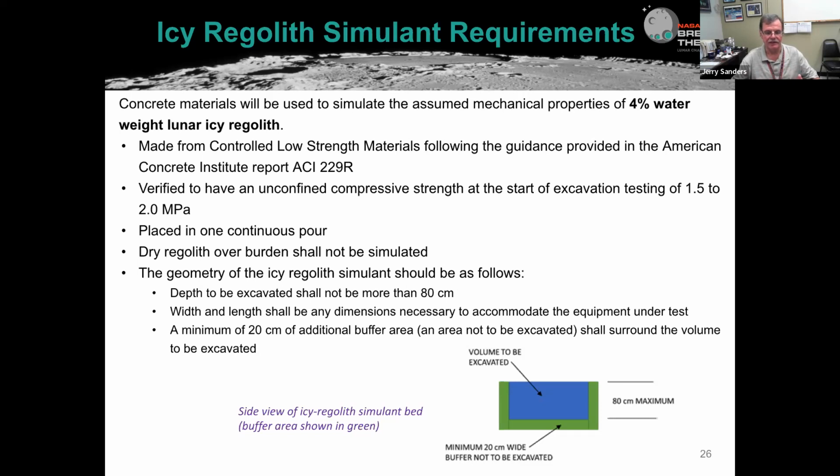And the mining technique that goes along with it can be a function of whatever we find. What this challenge does is look at the worst case. If we have highly consolidated water ice in regolith, it has the strength of concrete.